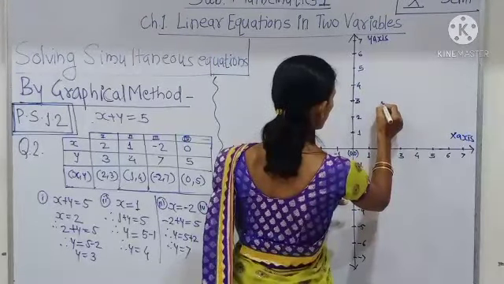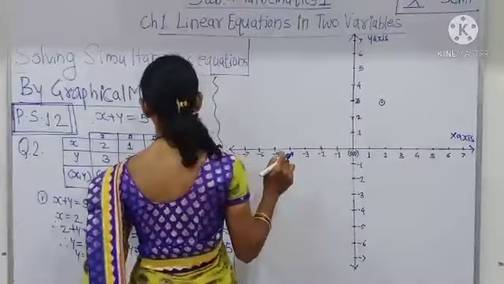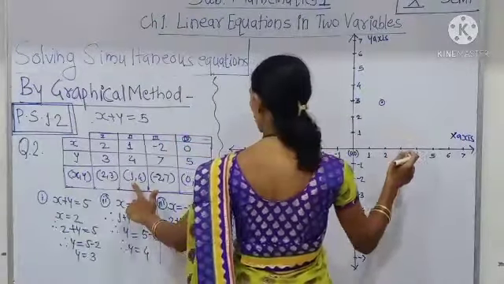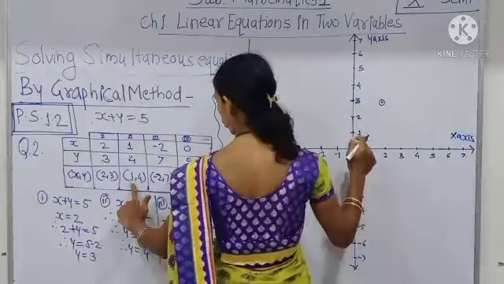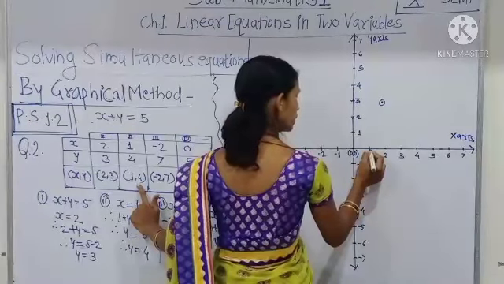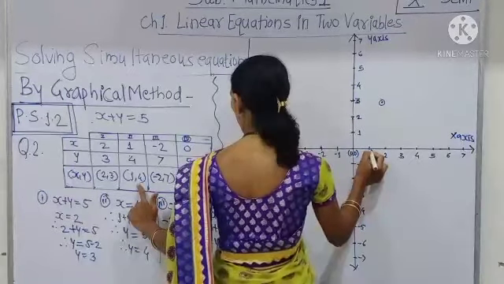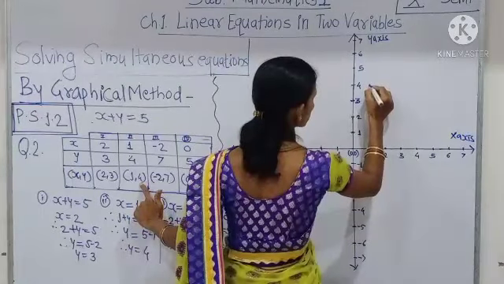Therefore, we have to plot the first point. Similarly, we can plot the remaining 3 points on that graph paper. (1, 4): on the x-axis 1, and on the y-axis 4.